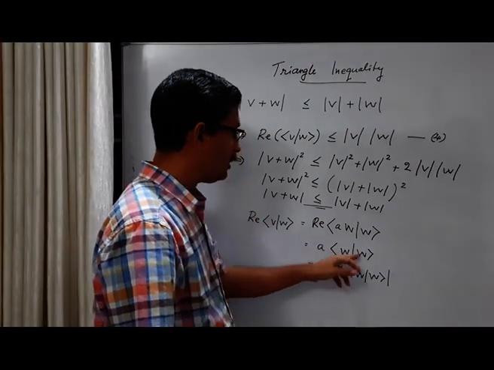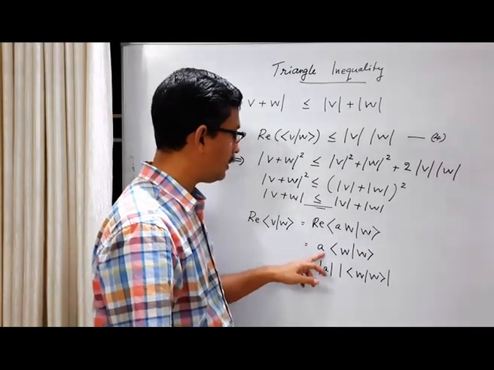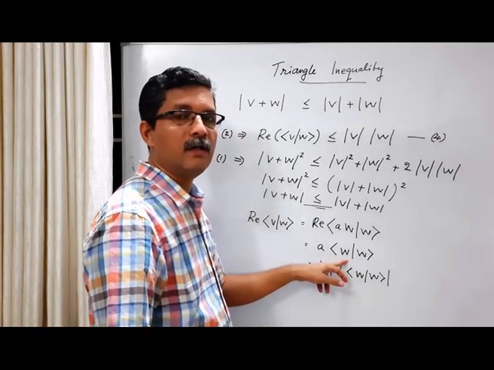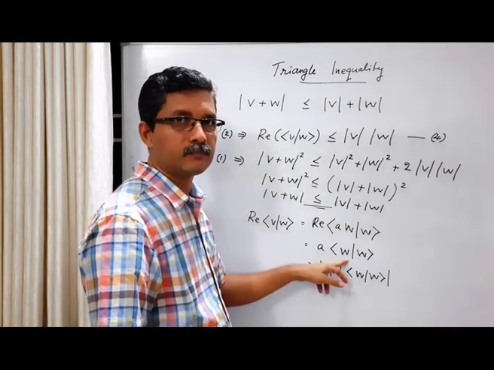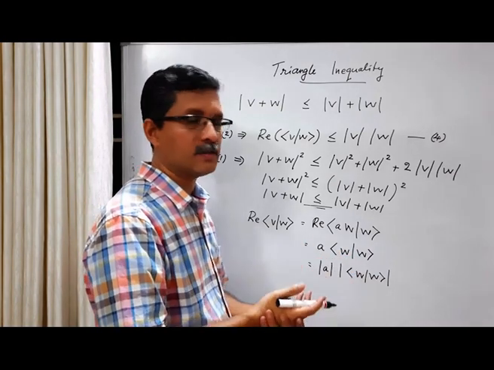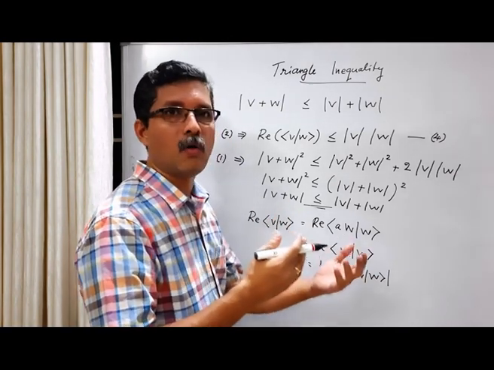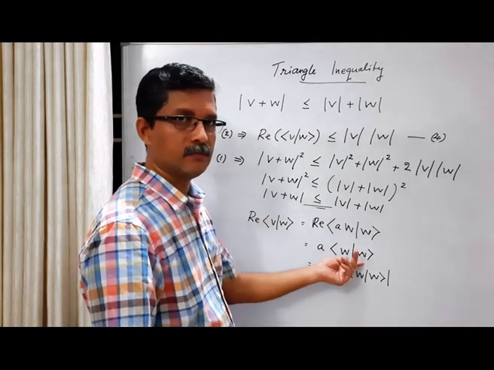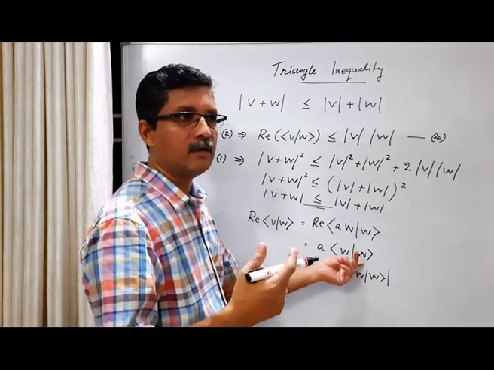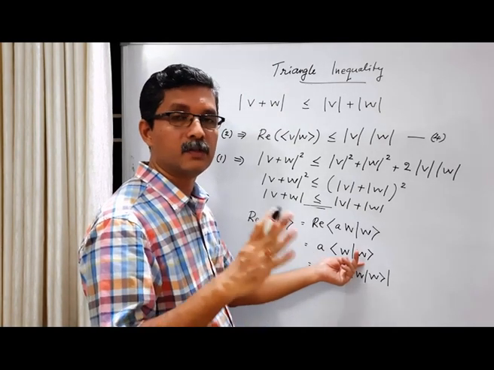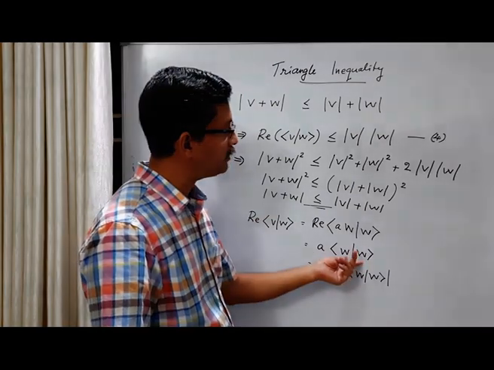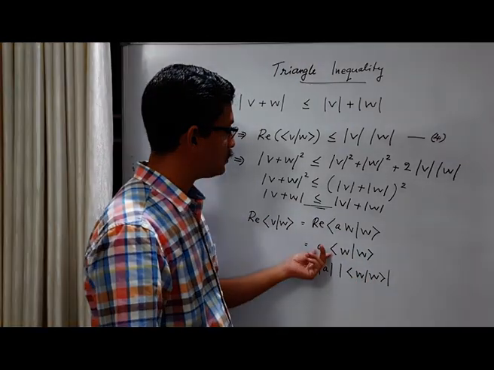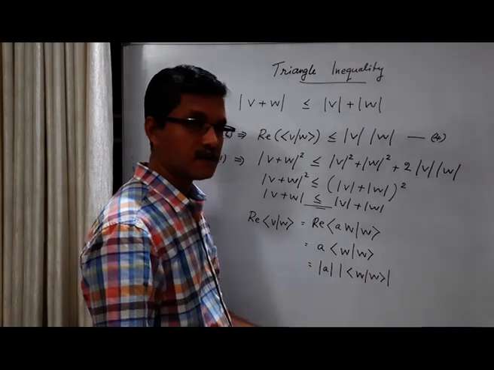Since both are real numbers, this is a real positive number, and the inner product of W with itself is always greater than or equal to 0. It becomes 0 only if W is 0, but we have taken two non-zero vectors V and W. So this is always positive. Inner product of a vector with itself, if it is not a null vector, is always positive. So this is also positive, this is also positive. So instead of the numbers, we can take the modulus.